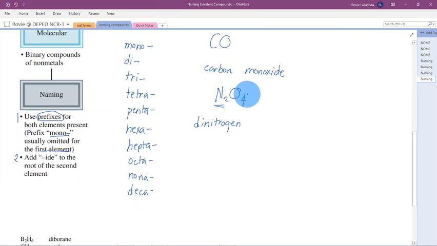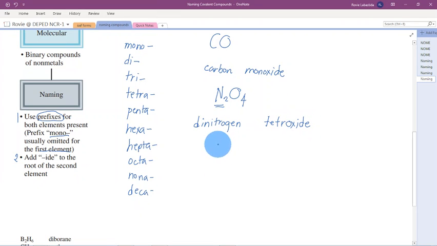For the second element, add -ide to the root term. That's oxide. Then let us add the prefix according to the number of atoms of oxygen. Since we have 4, we will use tetra. But instead of tetraoxide, we assimilate it for easy reading, so it becomes tetroxide. So the name for this compound is dinitrogen tetroxide.